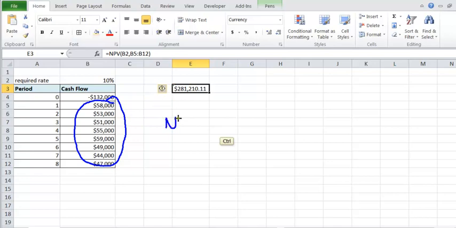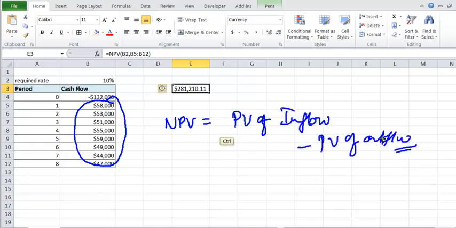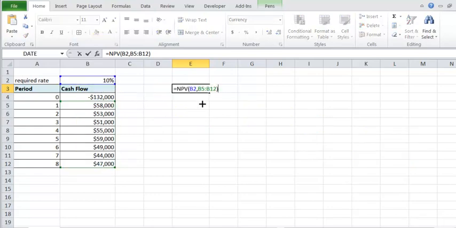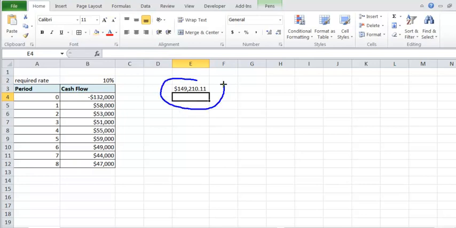So what is your NPV? NPV is the PV of inflow minus the PV of outflow, assuming that the sign, if it is negative already, so it should be plus. So from here we have to subtract this 132,000 to get the NPV. Here I should add it because it is already minus, so my NPV is 149.